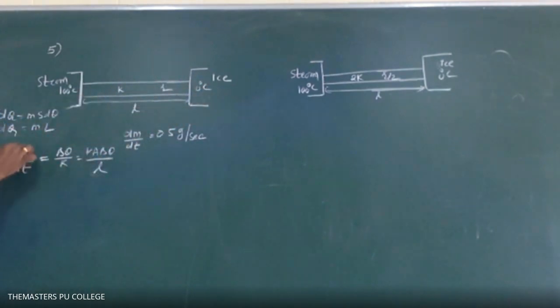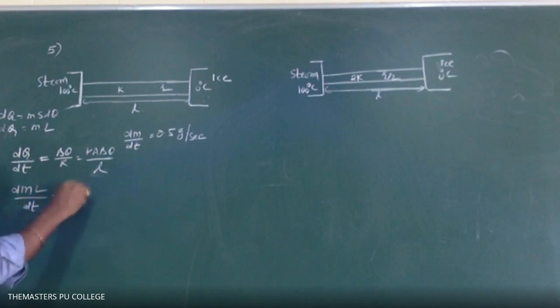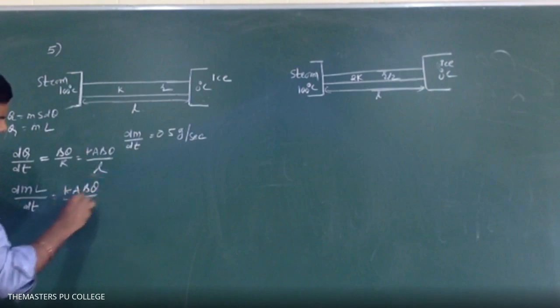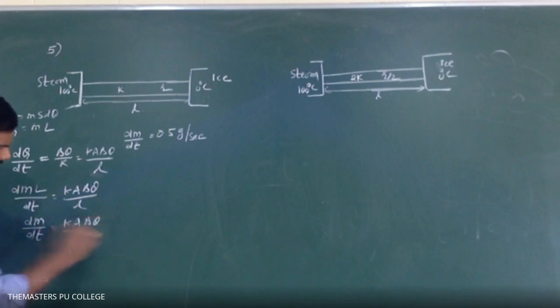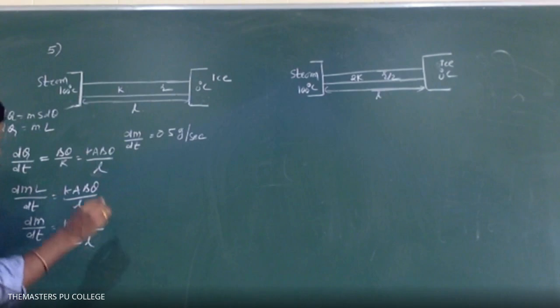Hence the heat supplied or heat transferred dQ equals m into L. Then I can write dQ equal to the product of mass into L. So then I can write dm into L by dt equals K into delta theta by l. So therefore dm by dt equals K into delta theta divided by small l.